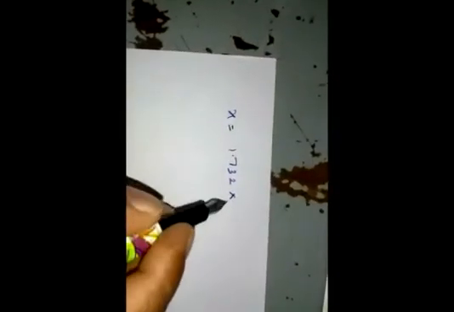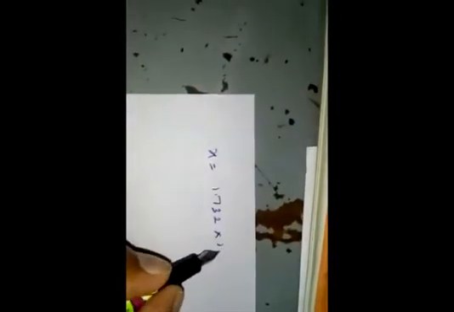Now what is the root 3 value? Root 3 value is 1.732. So 1.732 into 1200, since 1800 minus 600 is 1200. Now we have to multiply 1.732 by 12.